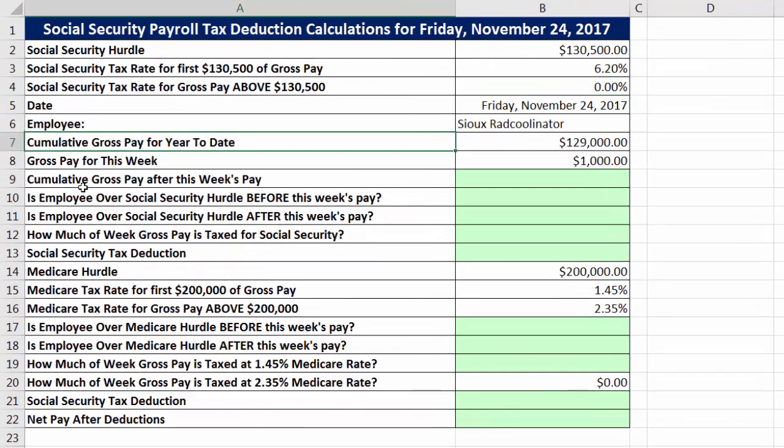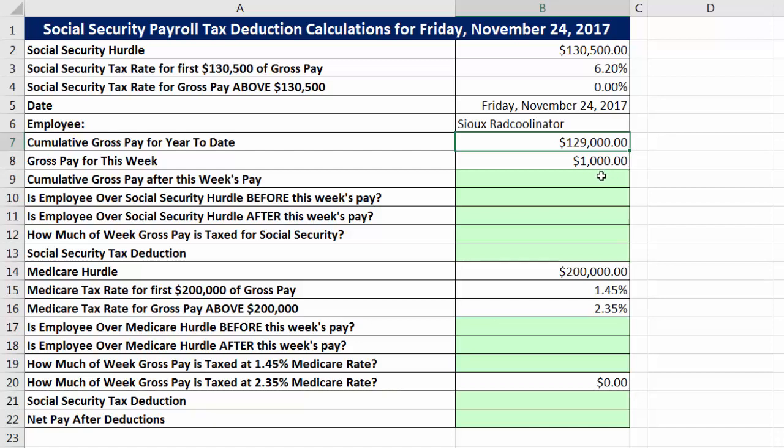Right here, this is the cumulative gross pay for year to date. That means up to this point before the current paycheck of $1,000, that's the amount of cumulative gross pay. So we're first going to have to compare that to this to see if they're over the hurdle before we even start our calculations.